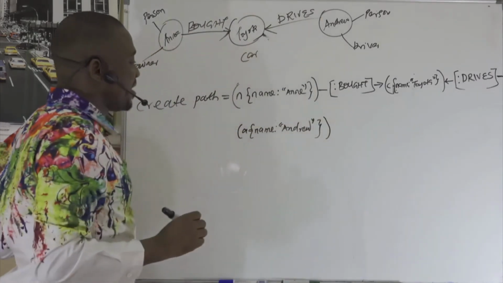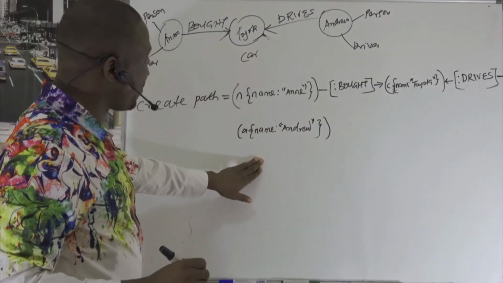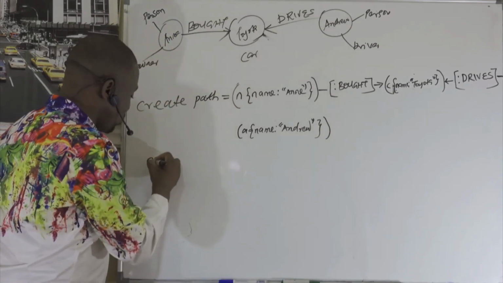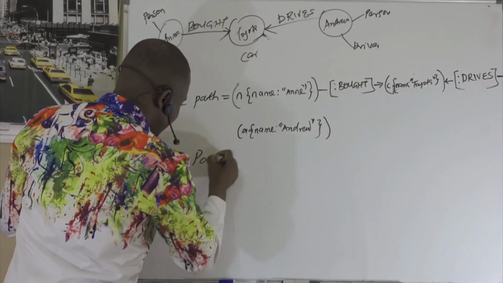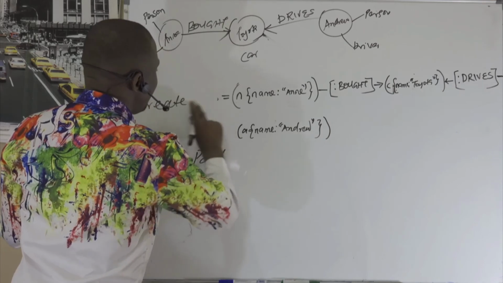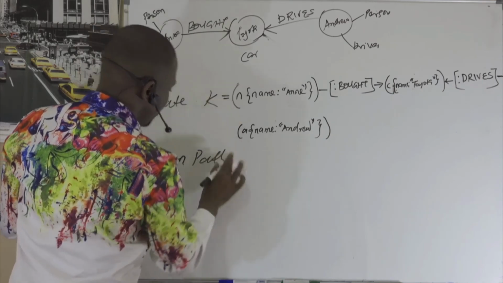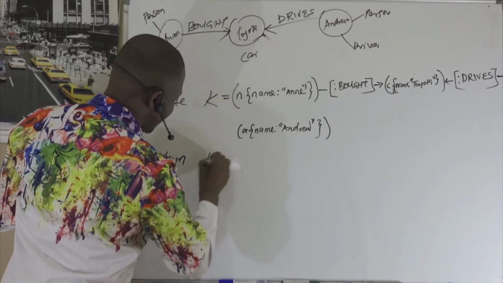Once you've done this now, all you need to do is to return path. If you have put M here or K, simply say return K. The first thing we need to check now is to see if there is any node or relationship in our database.